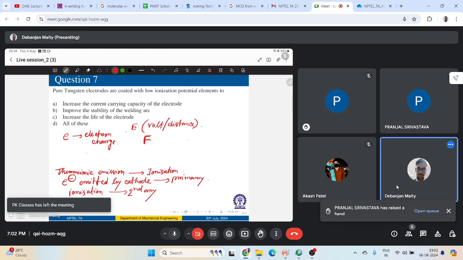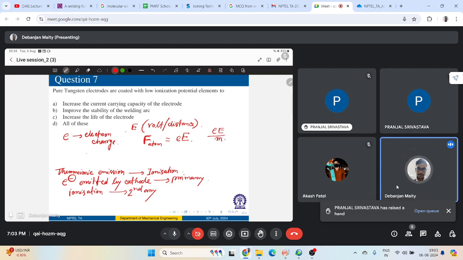My force will be E into E. In other words, it accelerates at a rate of E divided by m, where m is the mass.